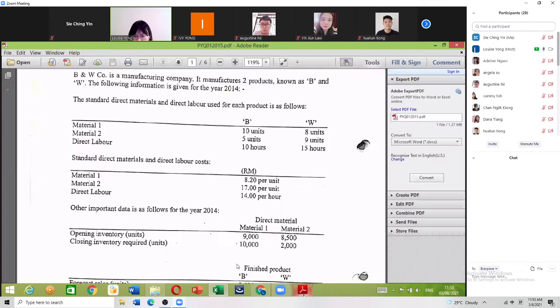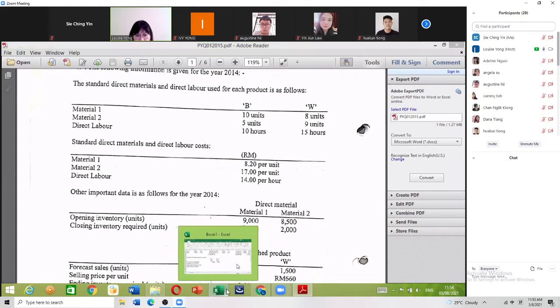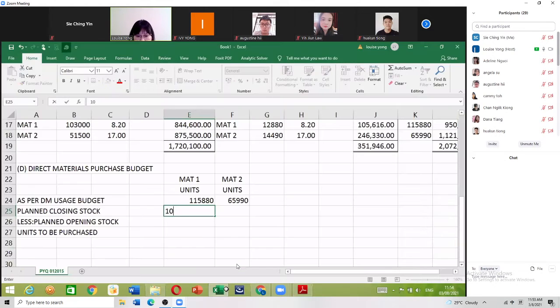Look back at the question, under your direct material: closing 10,000, opening 9,000 for material 1. For material 2, closing 2,000 but opening will be 8,500.